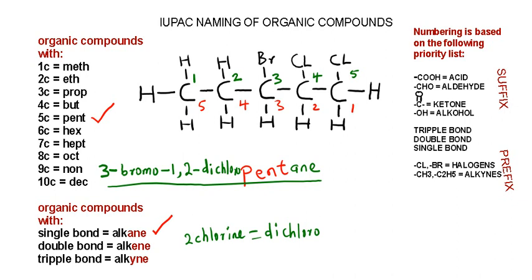That becomes the name of this organic compound. 3-bromo-1,2-dichloropentane.